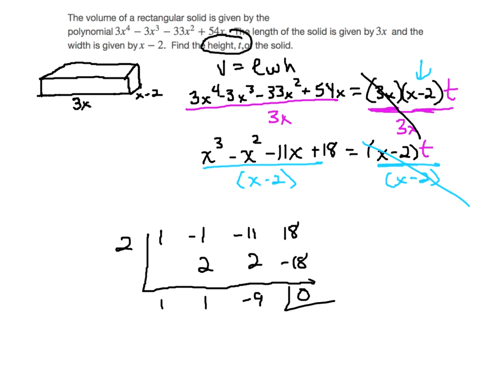I started with a cubic, took a factor of x out. What that leaves me with is an x squared plus x minus 9. So my height t is equal to x squared plus x minus 9. That's it.